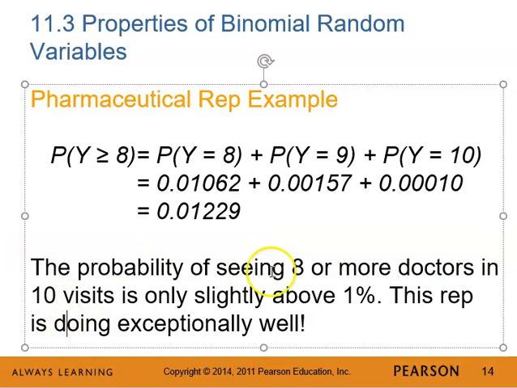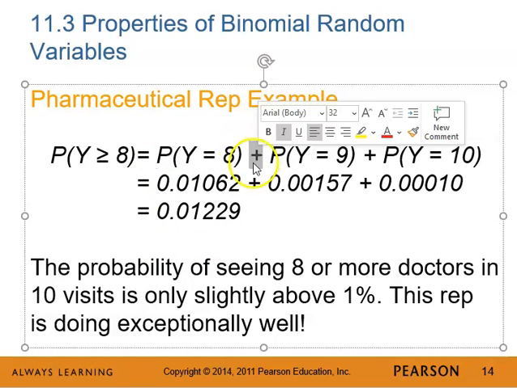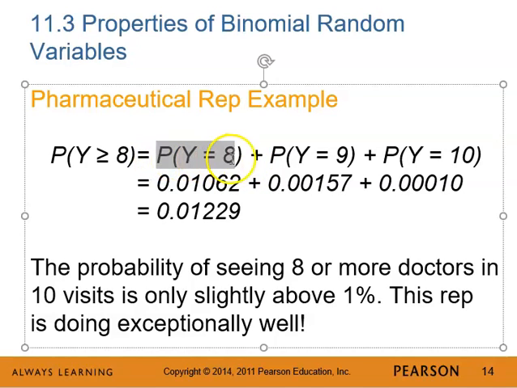At least 8 doctors, or seeing 8 or more doctors, means probability of seeing 8 doctors, or, and if you remember in probability theory, or means plus, so probability of 8 doctors, or 9 doctors, or 10 doctors.